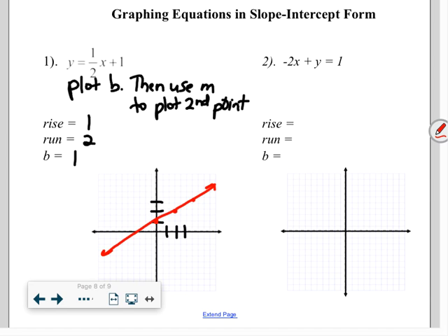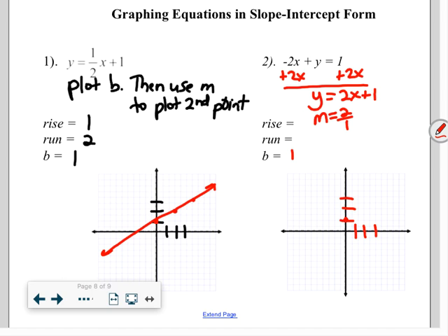And number 2, what do I have to do first before I can do that process? Add 2x to both sides because I need it to be in y equals mx plus b. All right, so m is 2 or 2 over 1. So watch this one.